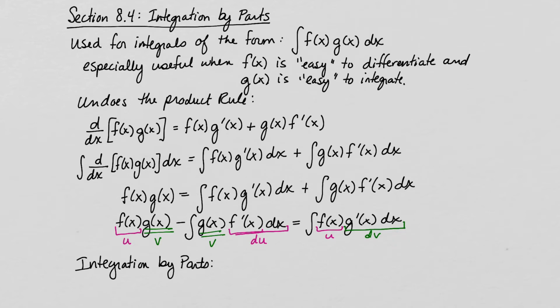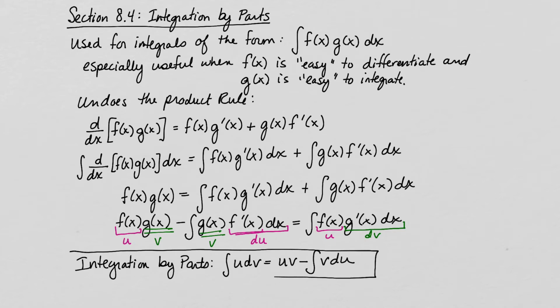So this is going to be the integral of u dv is equal to uv minus the integral of v du. And so all I've done here is rewrite this line in terms of u's and v's. So this is the important thing that you need to remember.